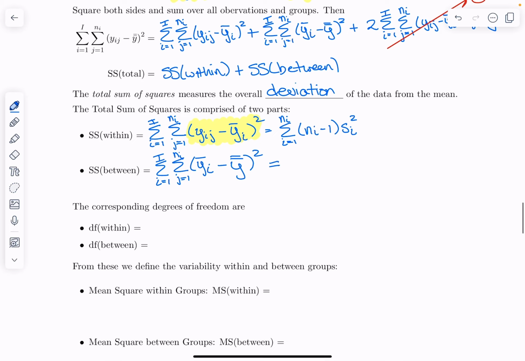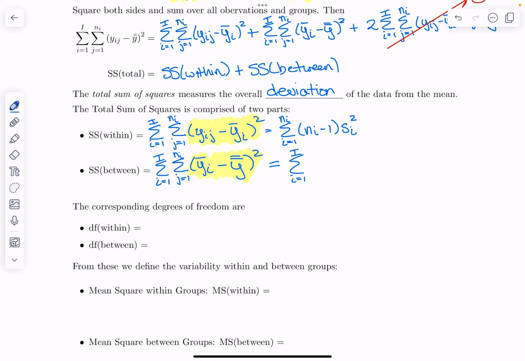Now it turns out that this can be simplified as well. I can still have the sum over all the groups, but what you see here on the inside does not depend on j. So I'm summing over j, but it doesn't depend on j, and so it's a constant for each individual i.